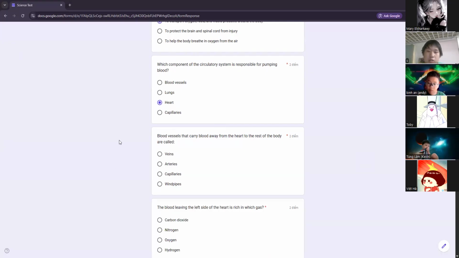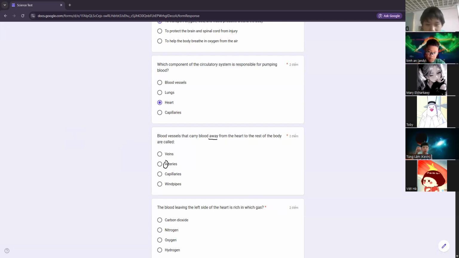Veins go towards the heart. Remember, it's actually arteries. The way to remember is that away and arteries have the same first letter, which is A. So if you think away, think of arteries, and if you think of towards, think of veins. That's the best way I can explain it. All right.